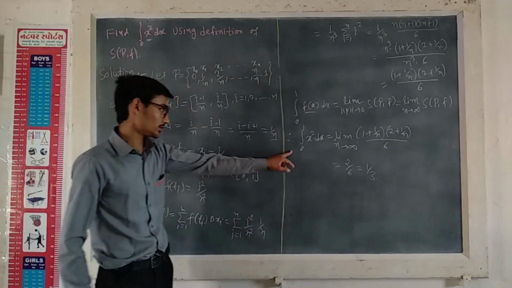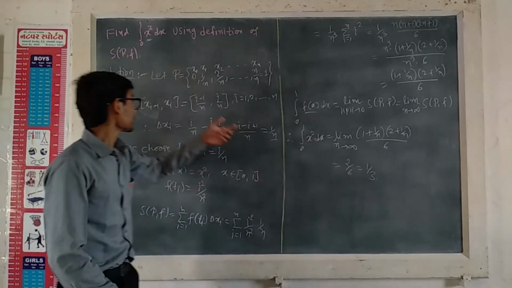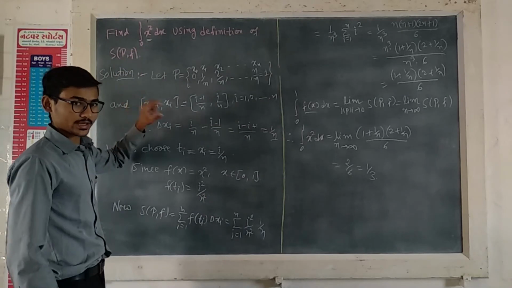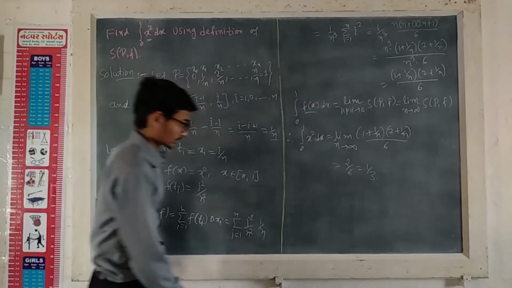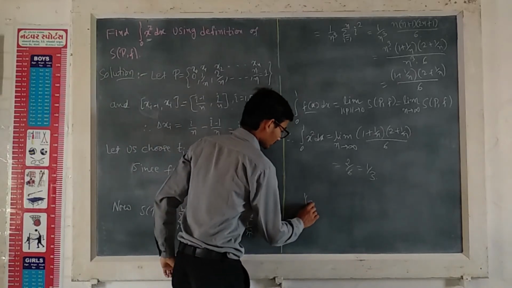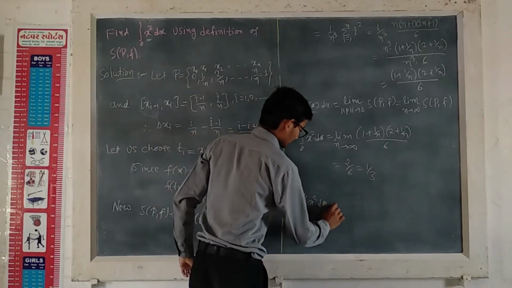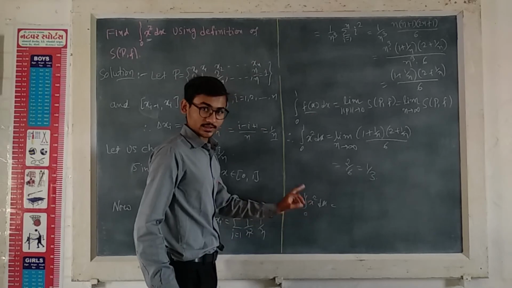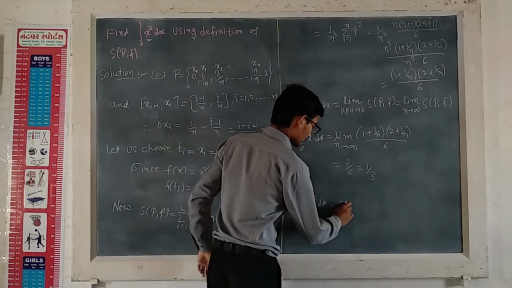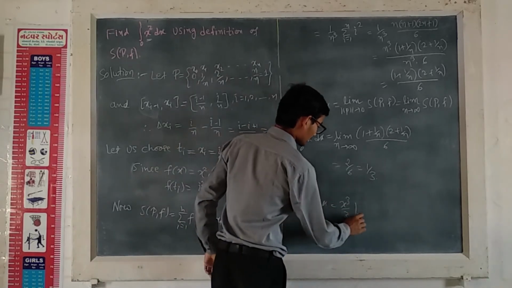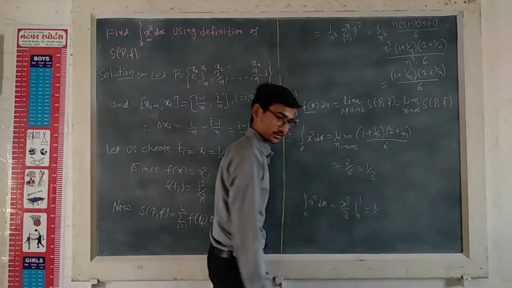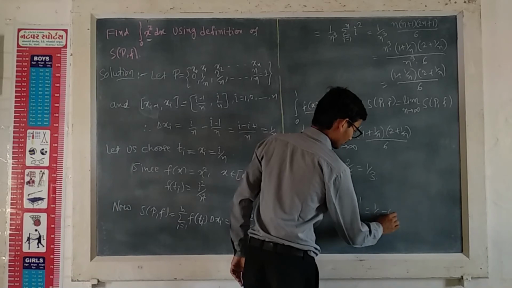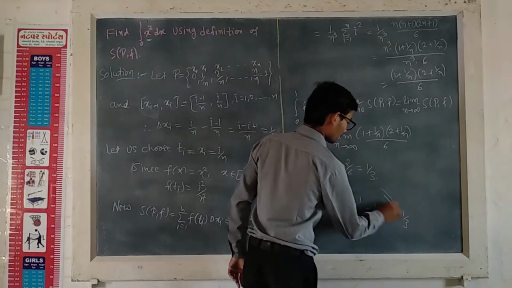After integration, using direct integration, what do we get? The value of integral 0 to 1 x square dx: the integration of x square is x cubed by 3, with limits from 0 to 1. Upper limit 1 cube is 1 by 3, minus 0, is equal to 1 by 3. Both are the same.